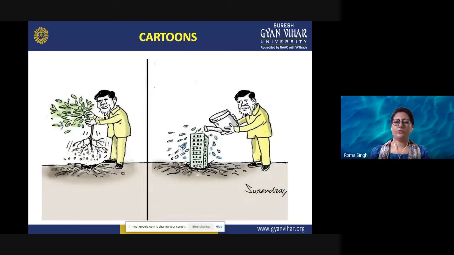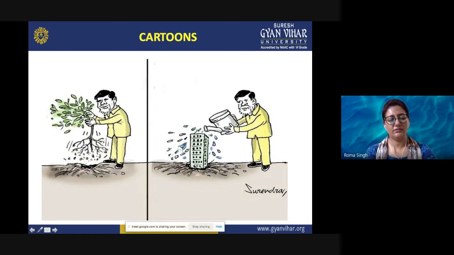Now the next non-projected aid is the cartoons. This is how a cartoon can show a very important topic. Like in this cartoon, we can see that the trees are displaced and the buildings are being prepared. Instead of trees, the buildings are planted on our earth.